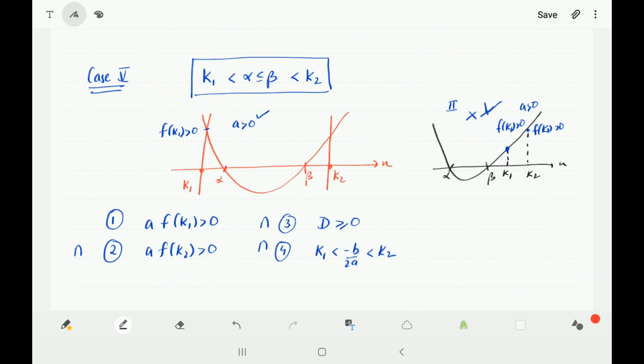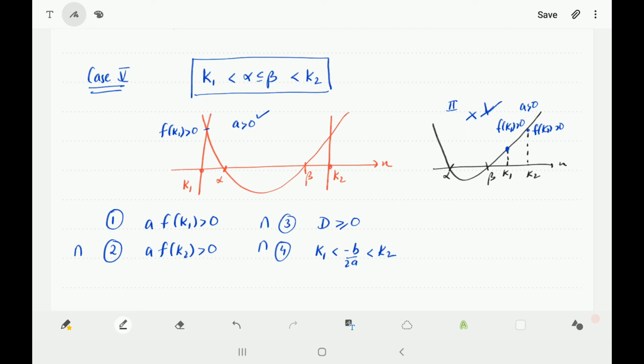In case 5, k1 and k2 are outside the roots alpha and beta. So the first conditions will be a into f of k1 is greater than 0 and a into f of k2 is greater than 0. This will make sure that k1 and k2 are outside the roots. D greater than or equal to 0 will make sure the roots are real.